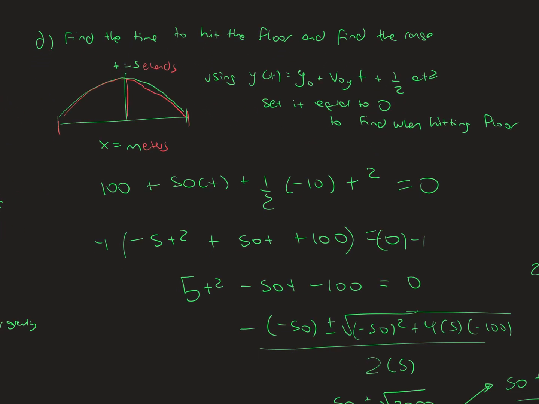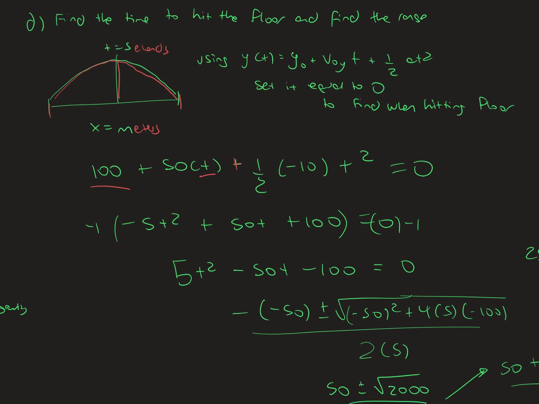We know that y0 is 100. The initial velocity of y is 50 times time, which we don't know yet and are trying to solve for, plus 1/2 times negative 10 for the acceleration times time squared, equal to 0.